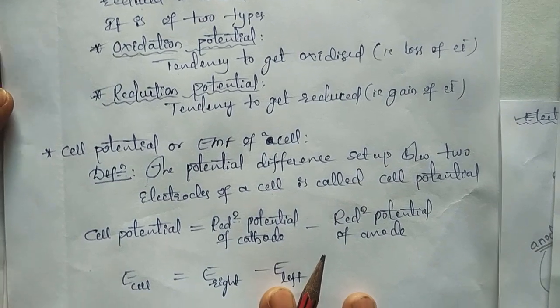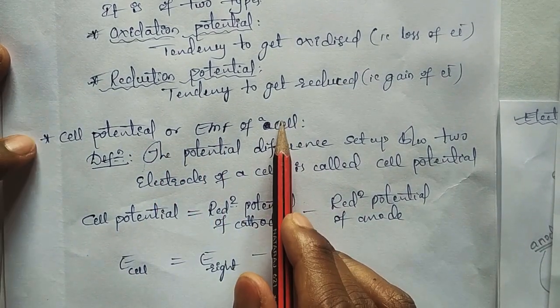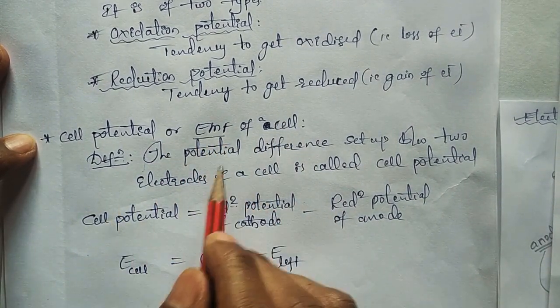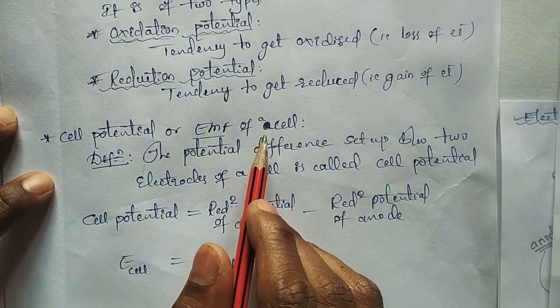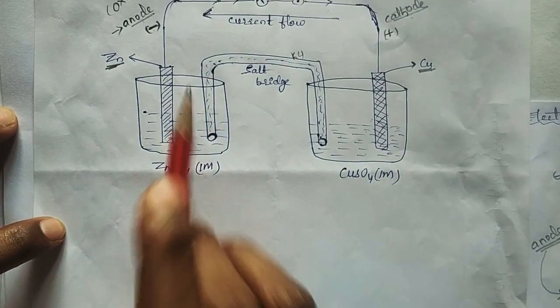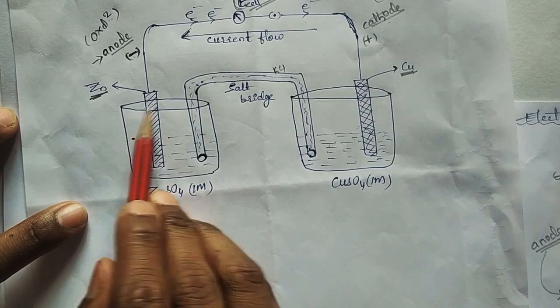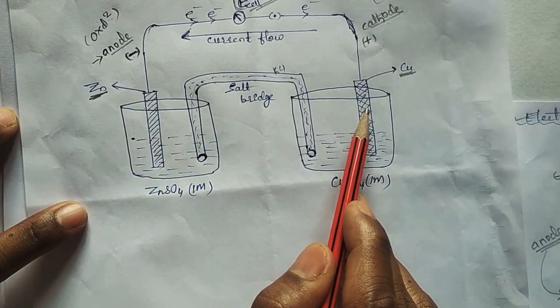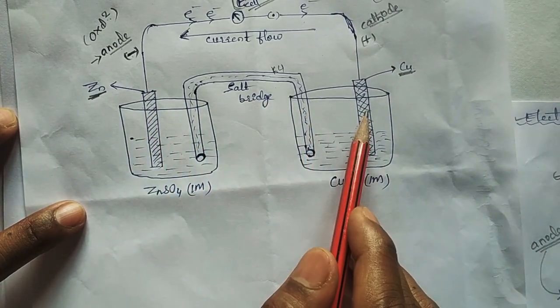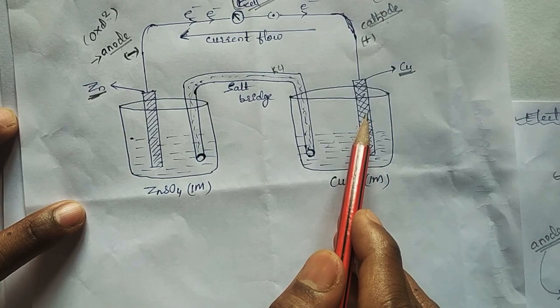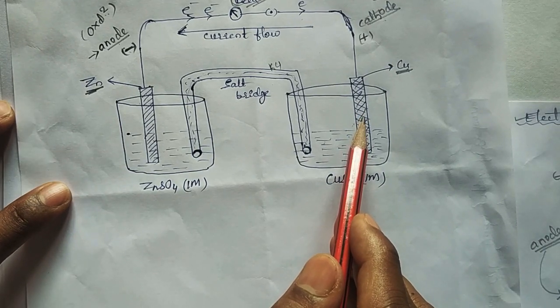So the next definition is cell potential of a cell, or we can call it EMF of a cell, electromotive force. So here, when two half cells are connected with each other, दोनों का जो potential, tendency to undergo oxidation and reduction, tendencies जो है, those are different tendencies.